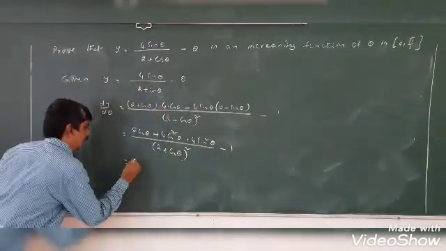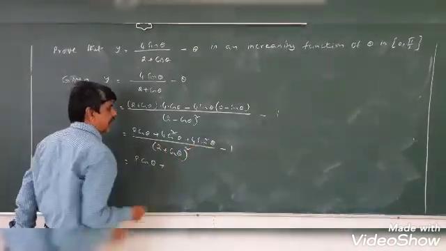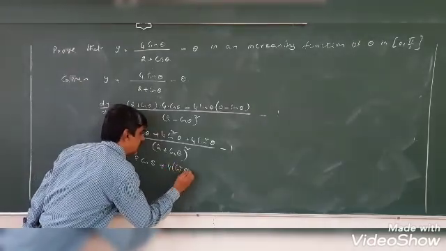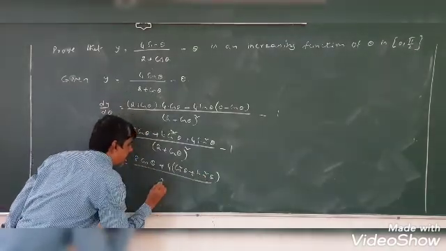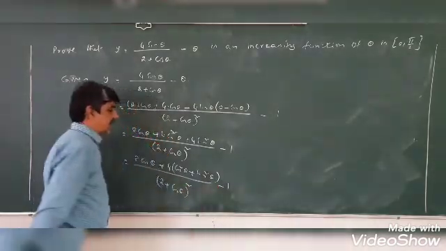So 8 cos theta plus 4 cos square theta plus 4 sin square theta, taking 4 common out, this is cos square theta plus sin square theta, over 2 plus cos theta whole square, minus 1.